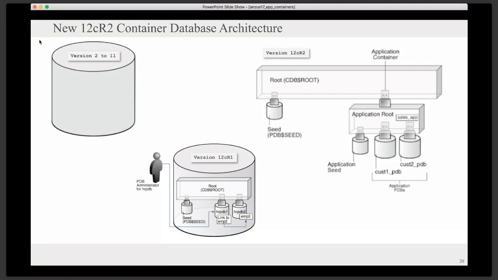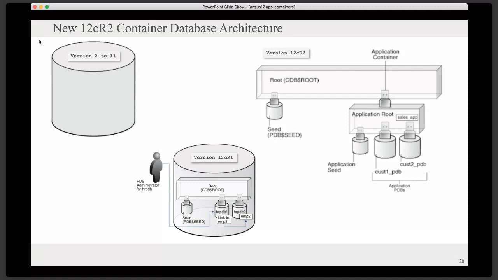So if I were to patch the application root, I would patch every single one of my customers. It makes it a whole bunch better. It also allows me to put one customer into one pluggable database, one customer into another pluggable database, and I can patch them, I can manage them from a data dictionary standpoint, but I cannot necessarily see their data.